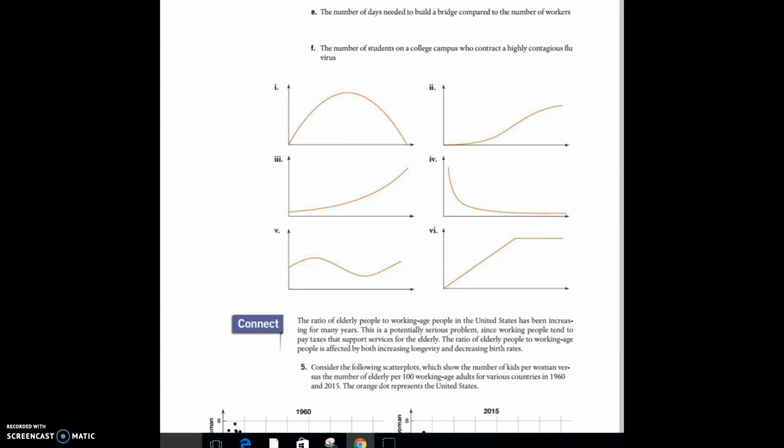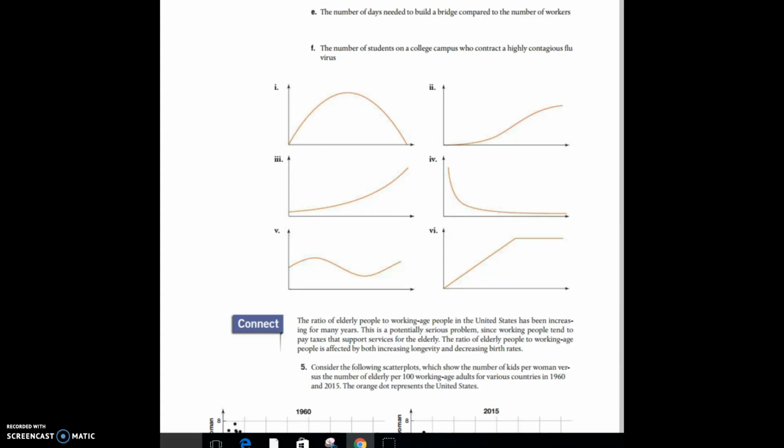But if I have 10,000 workers, it might take less time, but really the more workers I have at a certain point kind of is negligible. So that would go with E, and then workers is your independent variable, and time in days would be here.